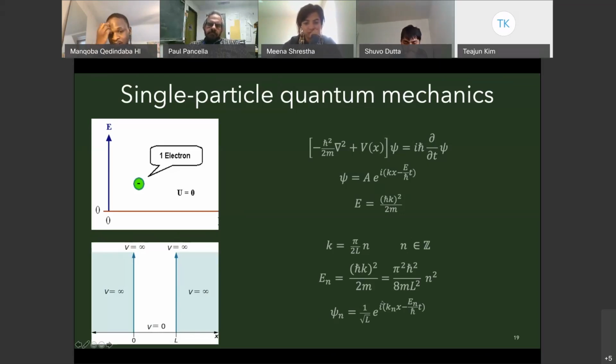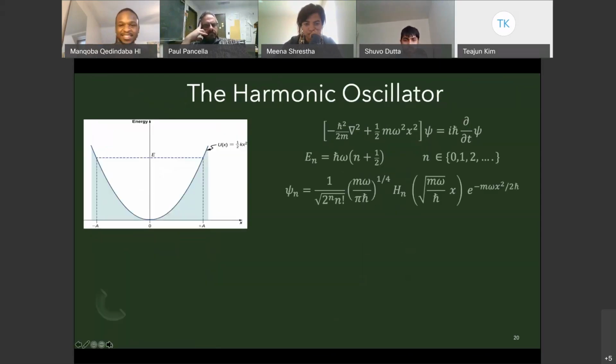This is great. Now, what if we add one more layer to this? Instead of V equals 0, we add a system that you guys know and love very well, the harmonic oscillator. This is the physicist's darling. Once you change your V to the potential for a harmonic oscillator, you still get the energy being proportional to n.